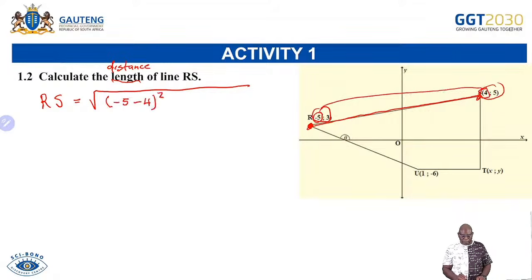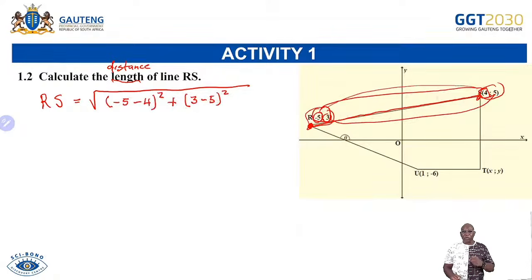Then from there, you remember there's a plus sign. Then the Y values, so it will be 3 minus 5. Can you see what I've done? I've started with the X values and the Y values of point R, then subtracted the X and Y values from point S.